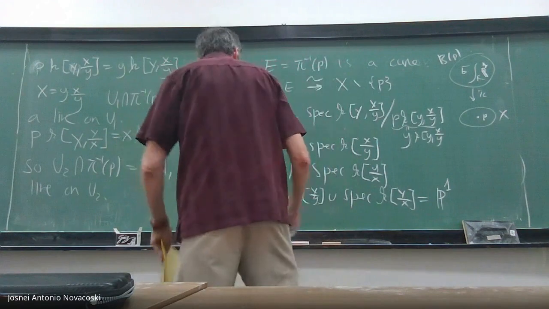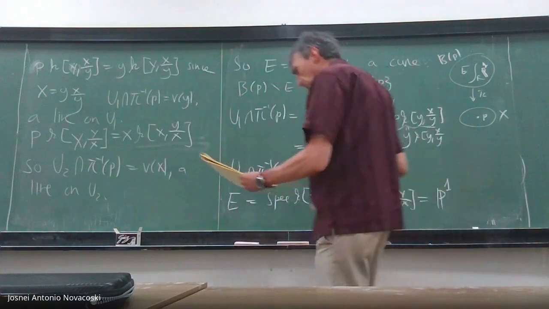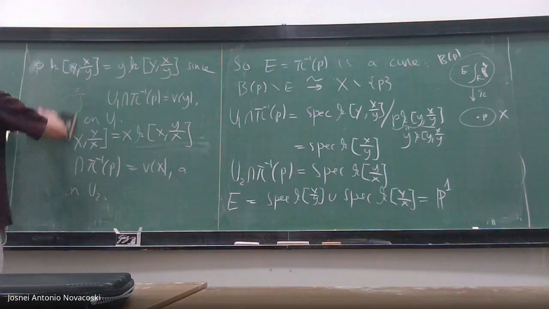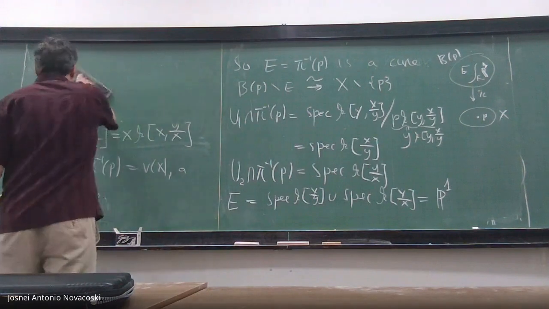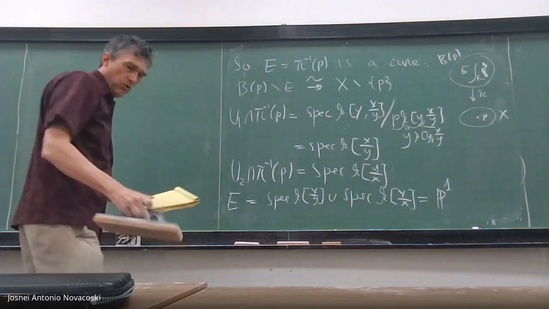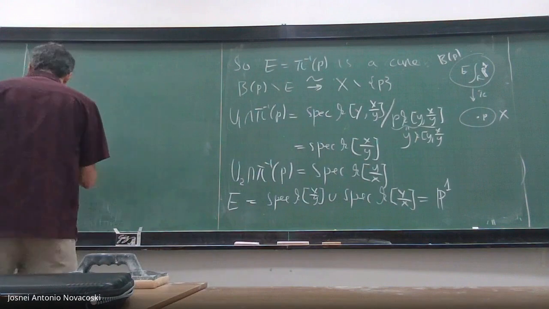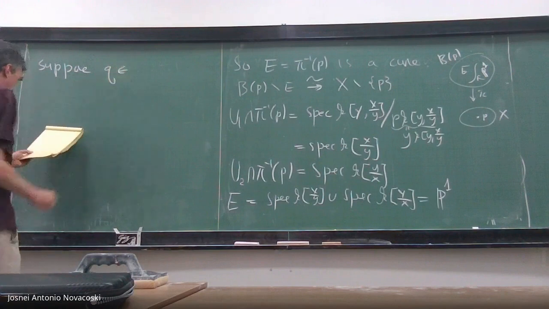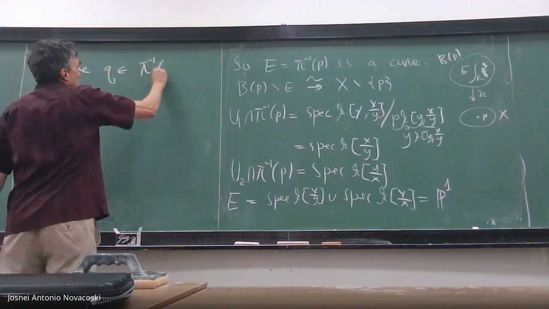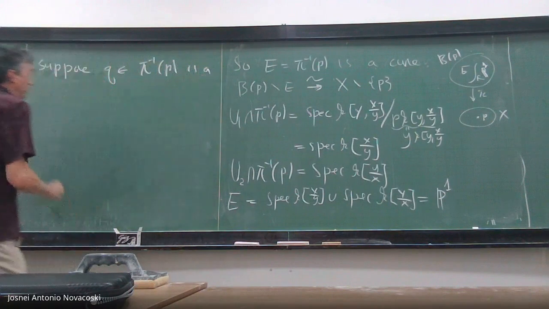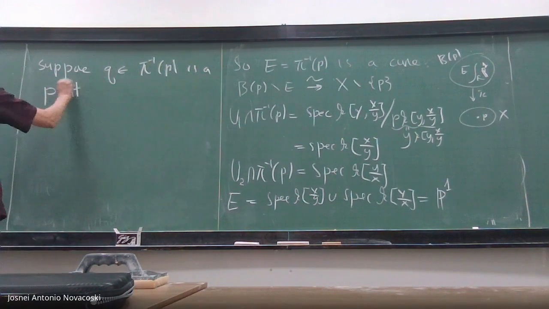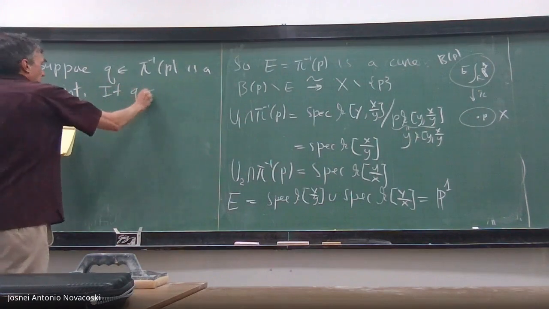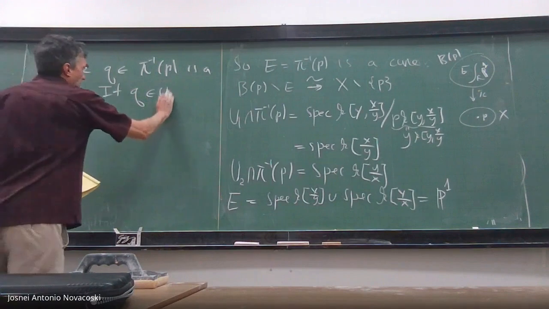Okay, now let's look at this a little bit more, and look at the structure a little more. Let's suppose that Q in the preimage of P is a closed point. I'll just say point, but we'll make it a closed point. If Q is in U1, it has to be either in U1 or U2.